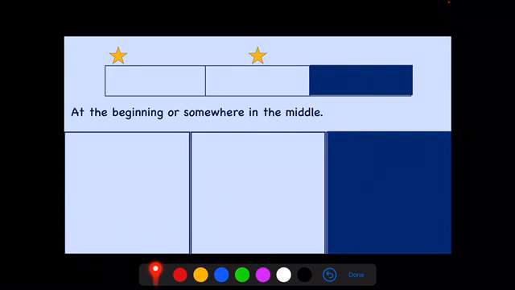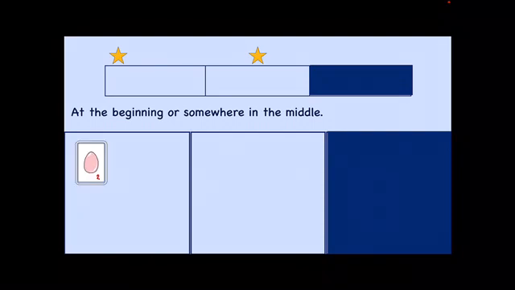Okay, let's have a think. What did we hear and where did we hear it? Did you write number 2 in the first space on your grid because you heard E right at the beginning of egg? Number 3 because you heard E at the beginning of elbow?